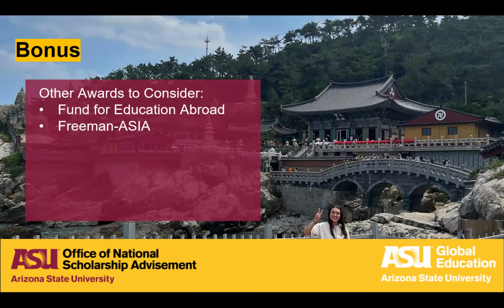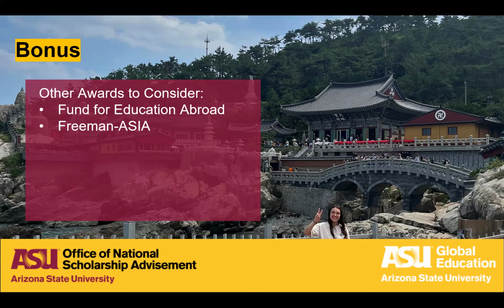A couple other awards that you might want to consider depending on when and where and for how long you're studying abroad. The Fund for Education Abroad, that deadline has passed for the current cycle. So if your plans to study abroad are this summer or next fall, Fund for Education Abroad is not an option anymore. But if you're planning out further in advance, the Fund for Education Abroad also provides up to $5,000 towards your study abroad program costs.